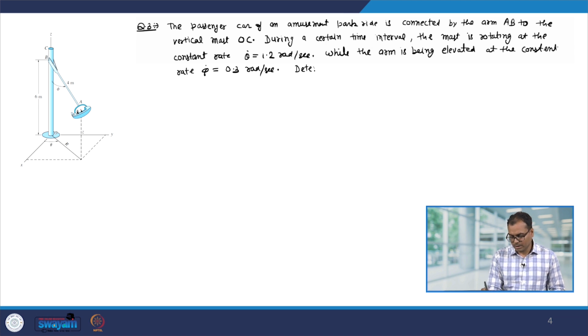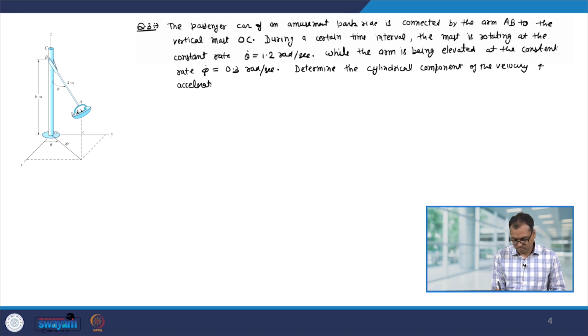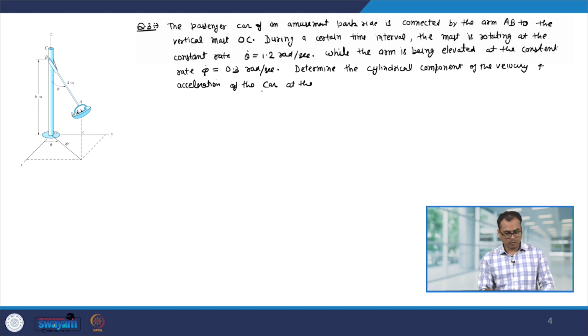And in this question we have been asked to determine the cylindrical component of the velocity and acceleration of the car at the instant when phi is equal to 40 degree.